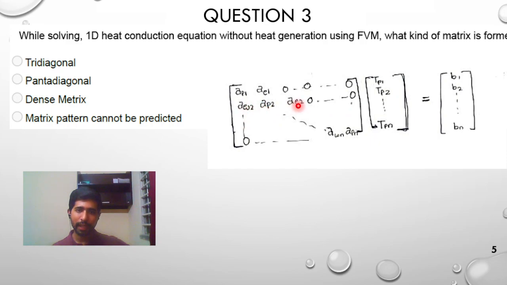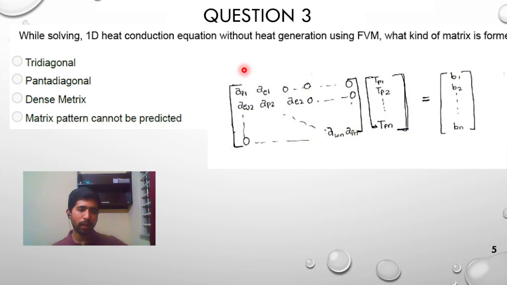So only three elements will come, all others are 0, and in the third row also similarly three elements will come, all others are 0. Similarly in all the rows you will get only three elements, AP, AE and AW. All the other elements will be 0 in that row. So since only three elements are there, that is called a tridiagonal matrix. So the answer is tridiagonal.